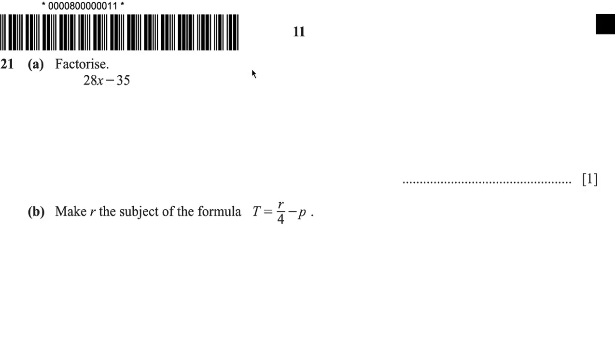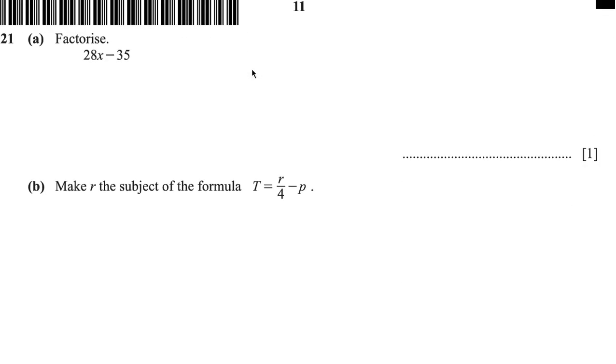That's it. Question 21 says factorize 28x negative 35. Looking at what we have here, this is 28 and this is 35. You can see that these are multiples of 7, right? So we can factor out 7, and 28x divided by 7 is going to give us 4x.